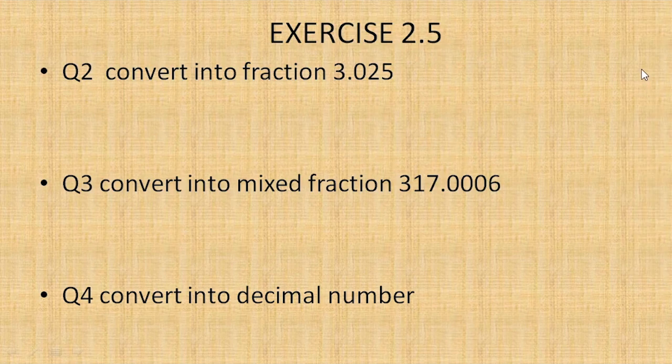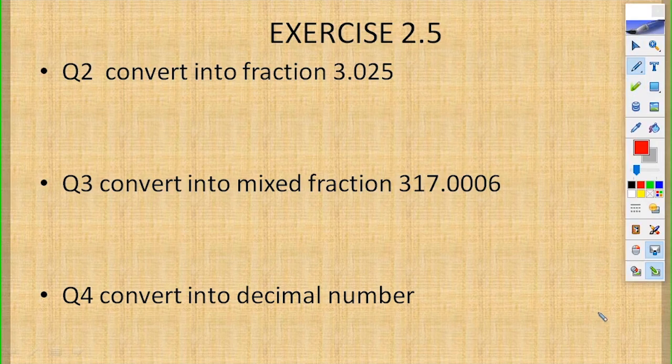Convert the decimal 3.025 into a fraction. So I will write 3 and 25 by 1000. I am not touching the integral part, let the integral part be like that only. 0.025 is 25 by 1000.